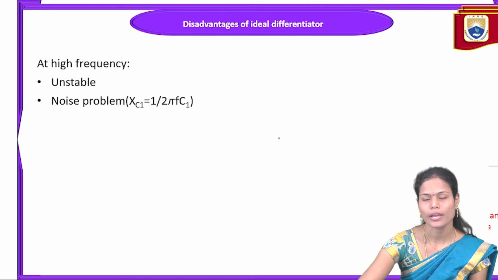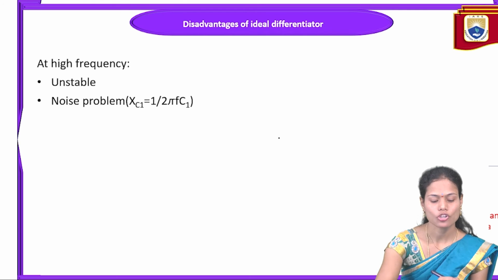And after some time, the differentiator may go into the saturation region. Once it enters the saturation region, it will not provide any gain and it will not provide any output signal. So that is one drawback it is facing at the high frequency range of the signals. It is unstable.